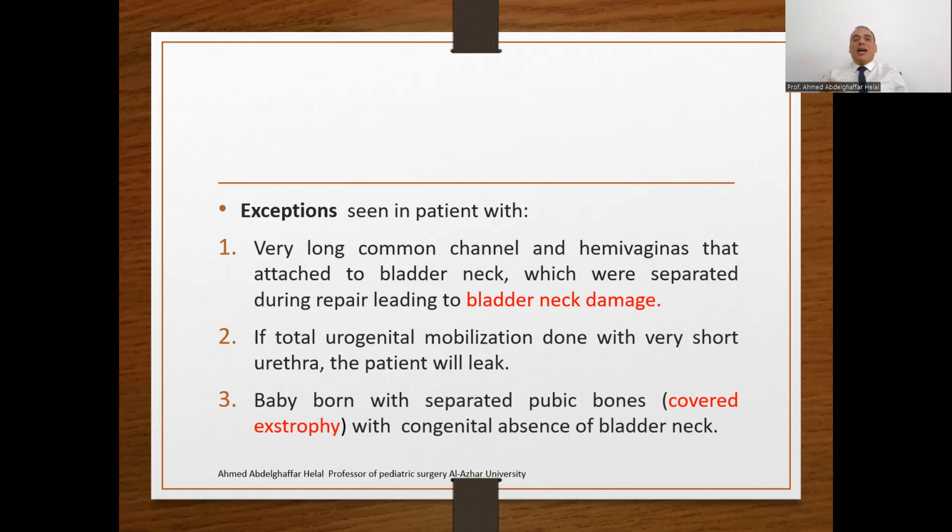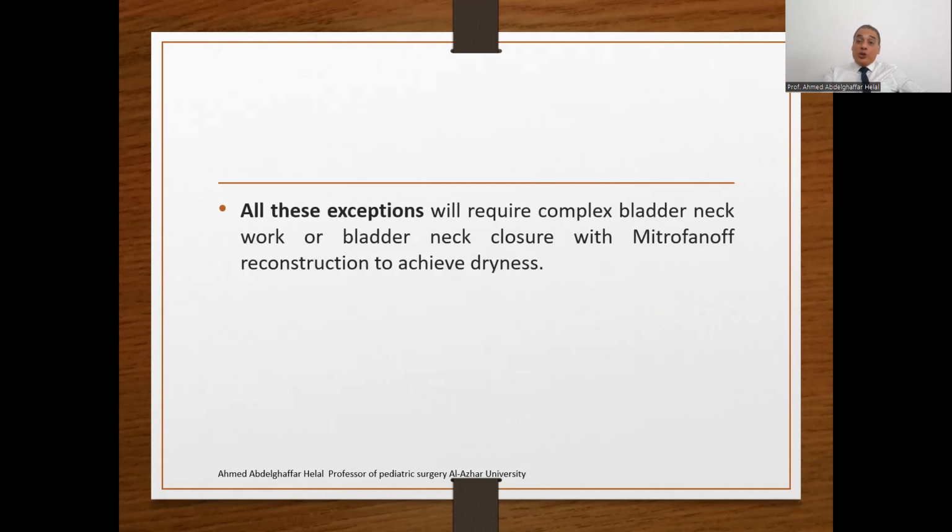This baby will have lost the competent bladder neck. Also, if total urogenital sinus mobilization is done on a very short urethra. And lastly, if the child is born with a condition called covered exstrophy with separated pubic bone and congenital absence of the bladder neck. All these exceptions will require complex bladder neck work and bladder neck closure with Mitrofanoff reconstruction to achieve dryness.